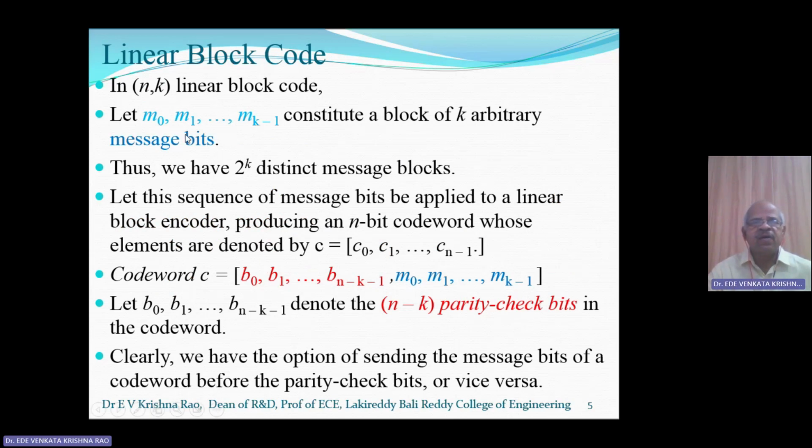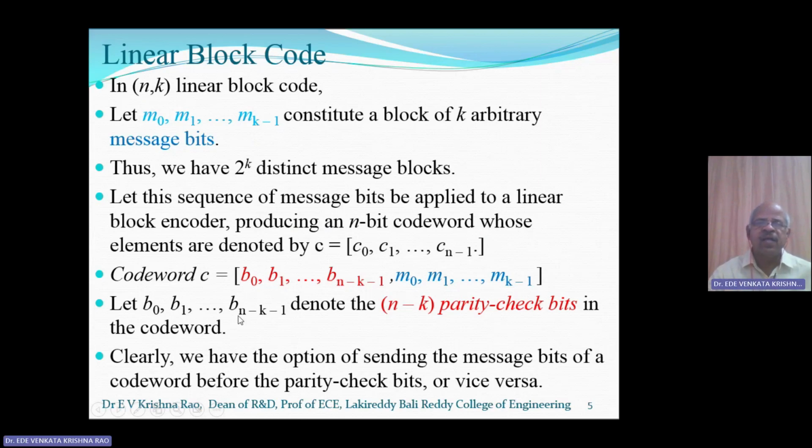In this linear block code, m0, m1, m2, m3, up to mk minus 1 are the message bits. There are k message bits. We add b0, b1, b2, up to b(n minus k minus 1), which are the n minus k parity bits. So the whole thing is a code word.